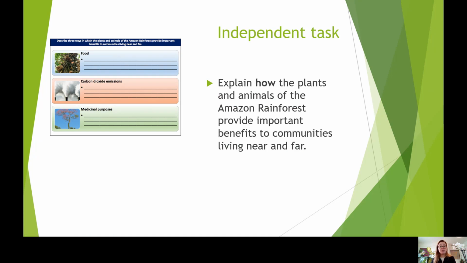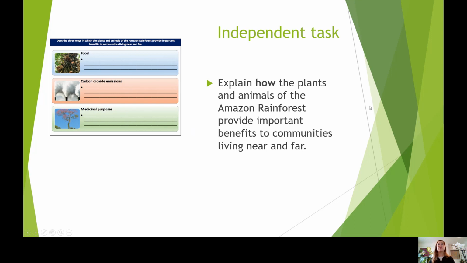Okay, last independent task for today. I would like you to explain how the plants and animals in the Amazon rainforest provide important benefits to communities living near and far. To help you, you can set them out in these 3 different subsections: food, carbon dioxide emissions, and medicinal purposes.